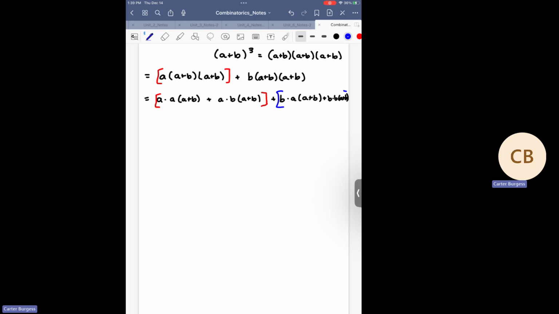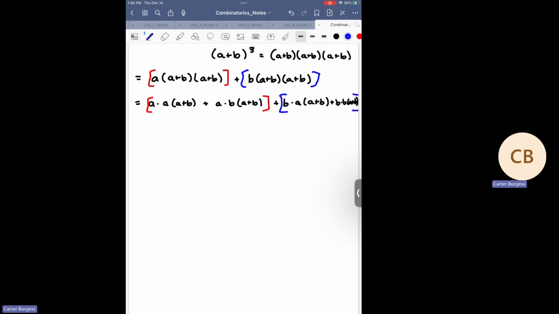Which, coming from this piece here. And lastly, our third object is also capable of being either an A or a B. And so if the third object is, say, an A, we get A times A times A from this first one. If the third object is a B, then A times B. This is analogous to what we have here.